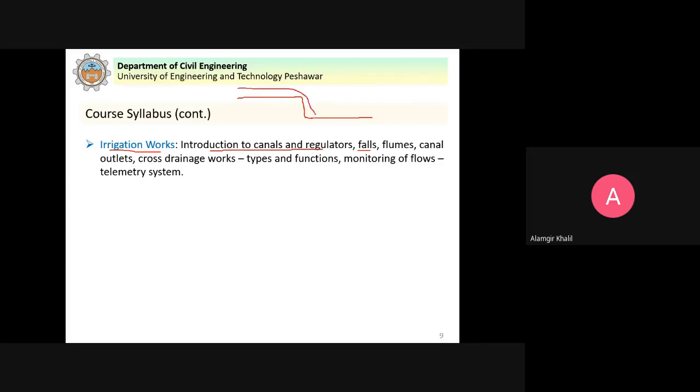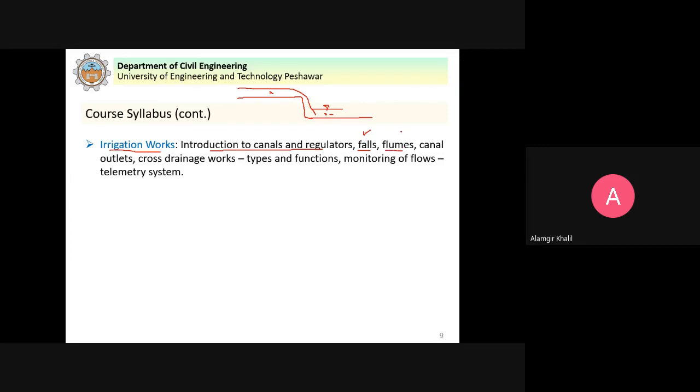If the change in elevation is small, we can provide what is known as drop structures. If the change in elevation is more, we can provide structures known as chutes. So these are basically known as canal falls.